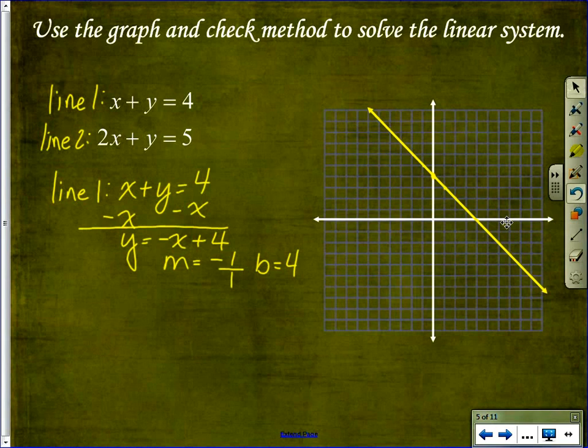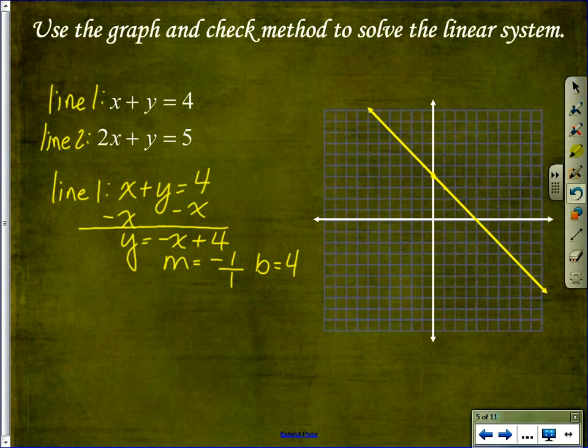If your lines are not in the right place, you're going to get the wrong answer. So make sure you're using some sort of straight edge, and graph paper, not just drawing on your paper and making little hash marks. So be very careful when you're graphing linear systems. Everyone okay with that?